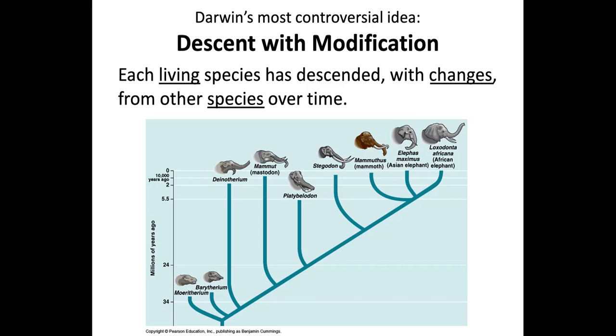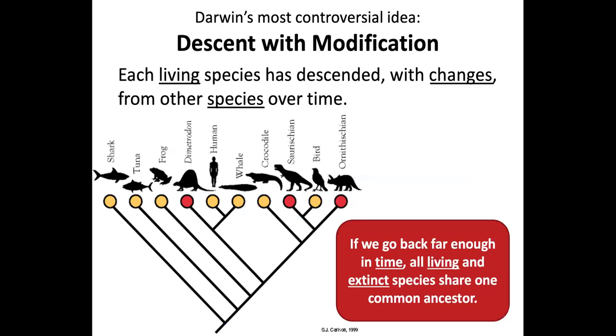Each living species has descended, coming from, with changes from other species over time. But this was a very controversial idea. If we were to go back far enough in time, all living and extinct species, which we stated earlier, share one common ancestor.